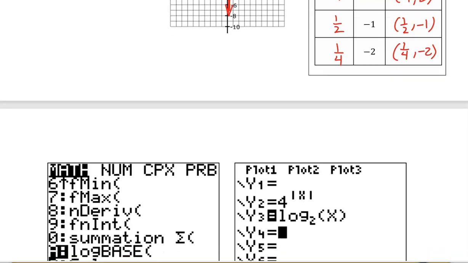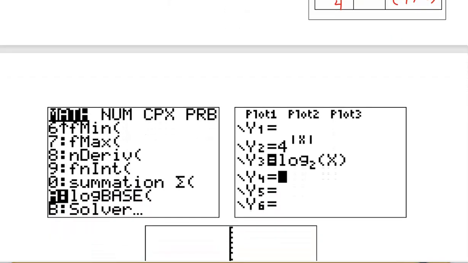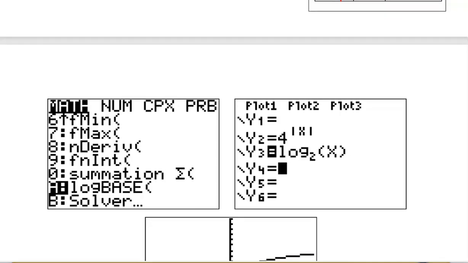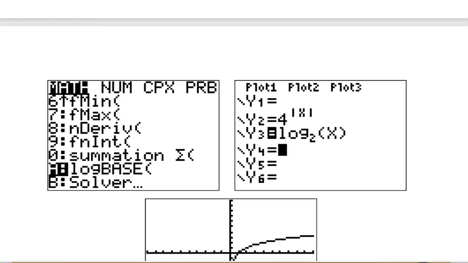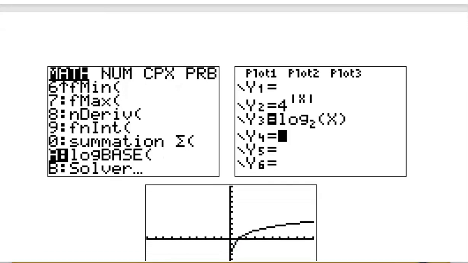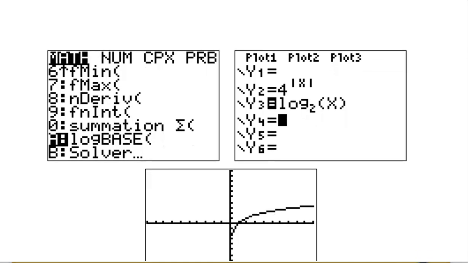It said you can check this on a calculator. So here's what I typed in. To do log base 2, I will say you have to have the newer operating system to do that. If you have that, you can find out by pushing the math button. It's right under alpha. Is there an alpha button?